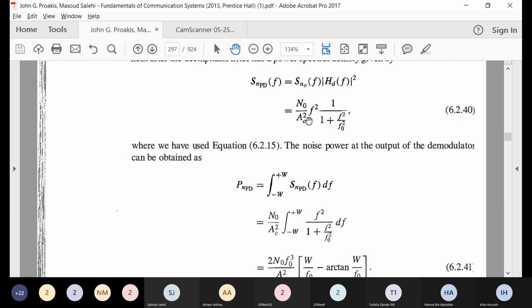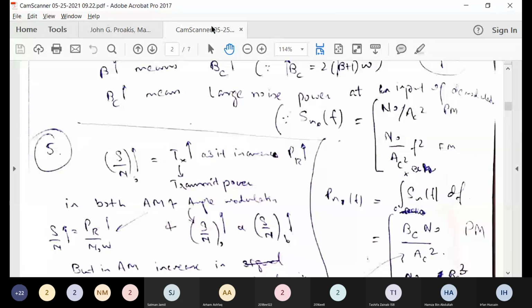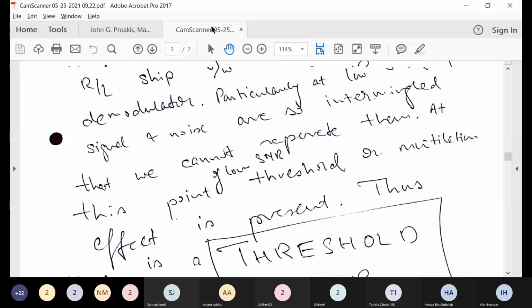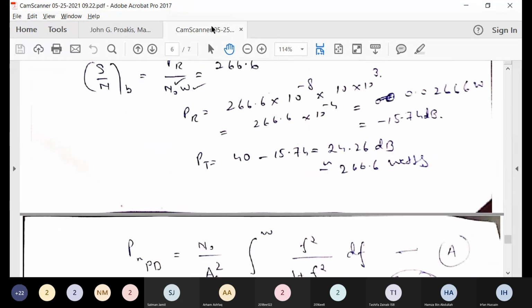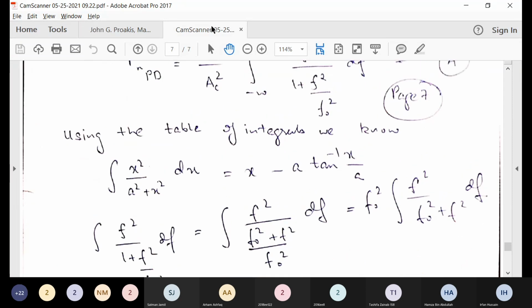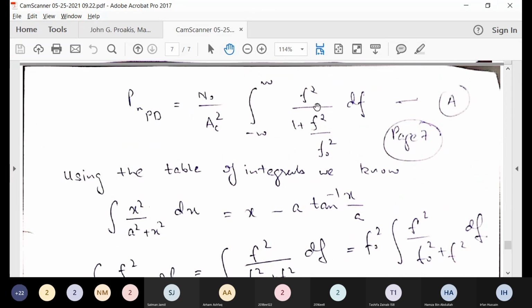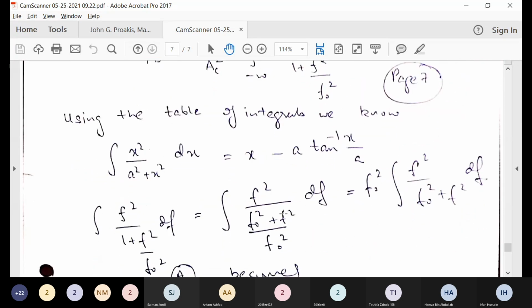Again, some of the steps are missing, so you can see them in the notes here. We needed to integrate f squared times the square of the de-emphasis filter response. We know this from the integration tables.